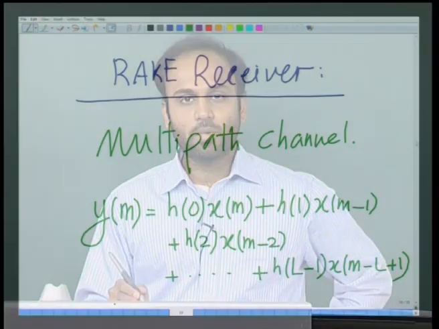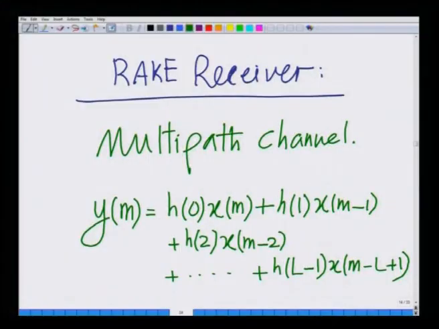First, why is this a multipath channel? Because look at this, there are multiple terms which correspond to multiple signal components arriving at the receiver.